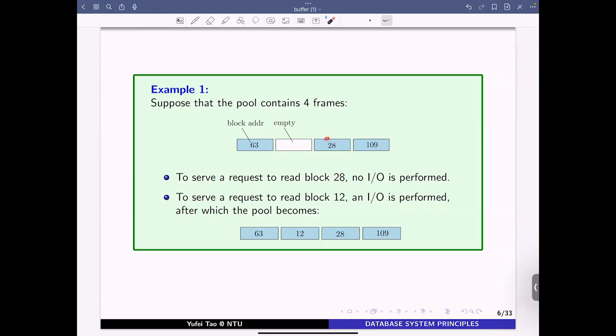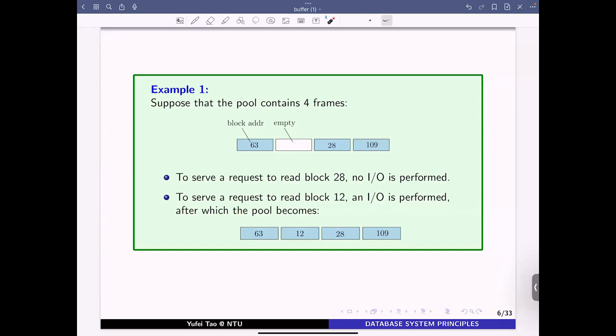Now the system checks the frames. Indeed, 28 is here. Good news, so we get to save this IO. This is done. And then the next request comes. Let's say the request wants to read another block, block number 12. This time it's not in the buffer, right? So you know what to do.